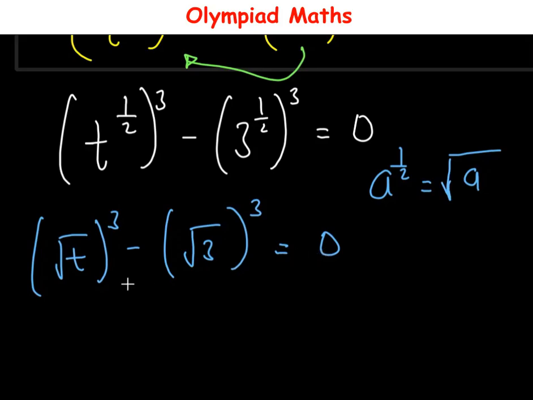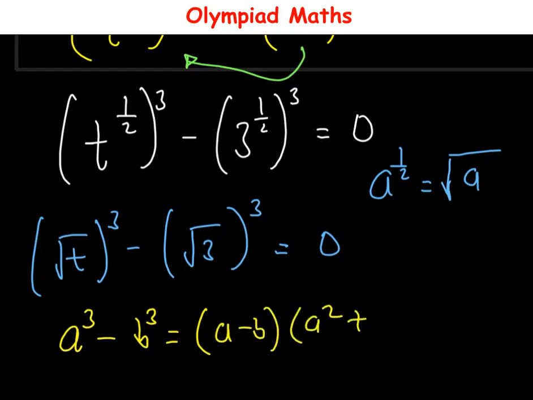Now looking at this, what we have is difference of two cubes. So if you have a raised to power 3 minus b raised to power 3, this equals, in bracket, a minus b multiplied by a squared plus ab plus b squared.